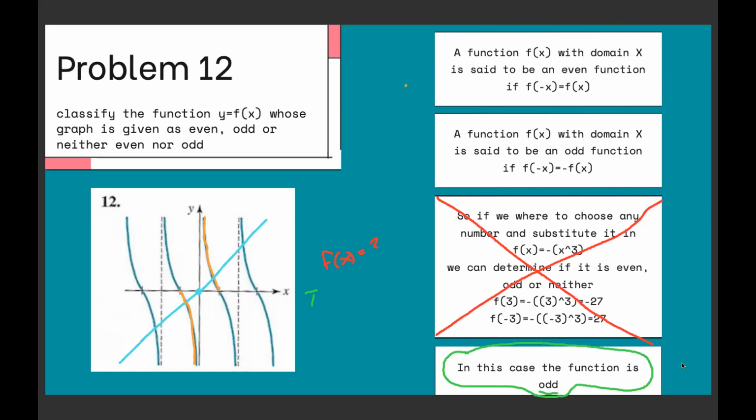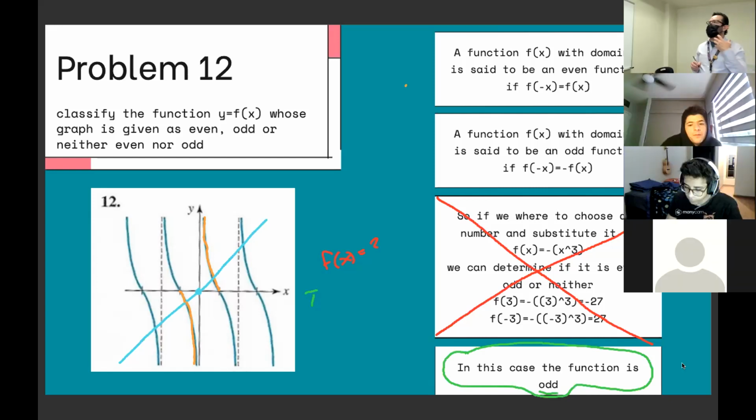Yes, so I can never assume the function. If you're only given the graph, you can't necessarily assume what function it is.